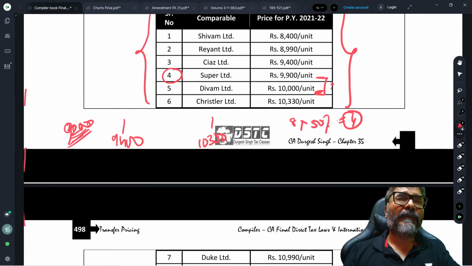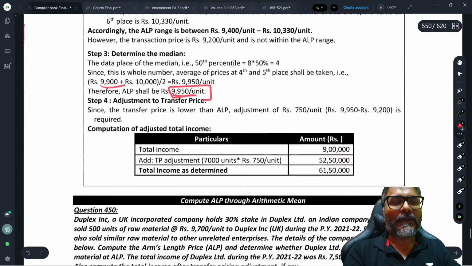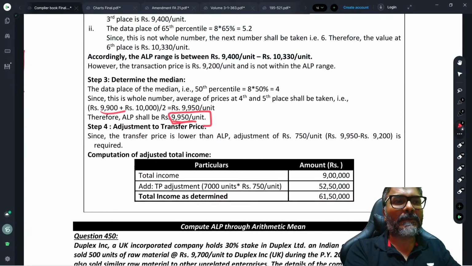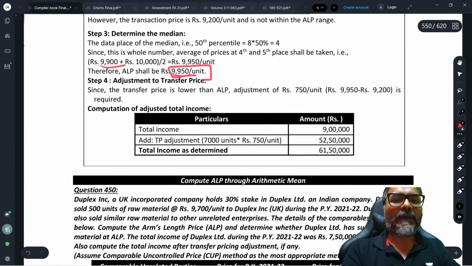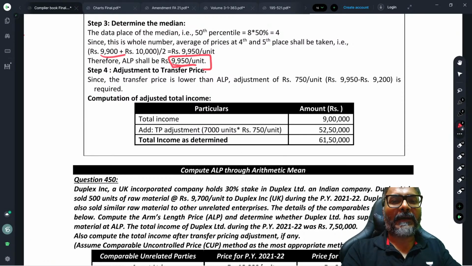And because it was not falling within the range, the transfer pricing adjustment is required to be done, and the answer is yes. 750, yes, 750 it would be. Therefore, students, this is how things have to be looked upon. Fine, so 750 into the number of units.